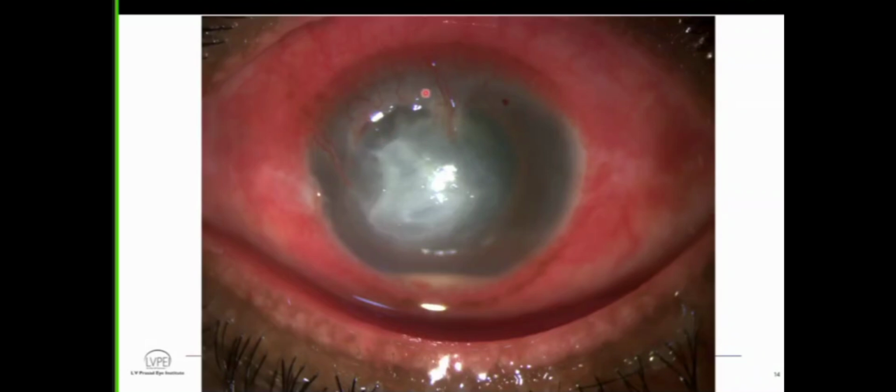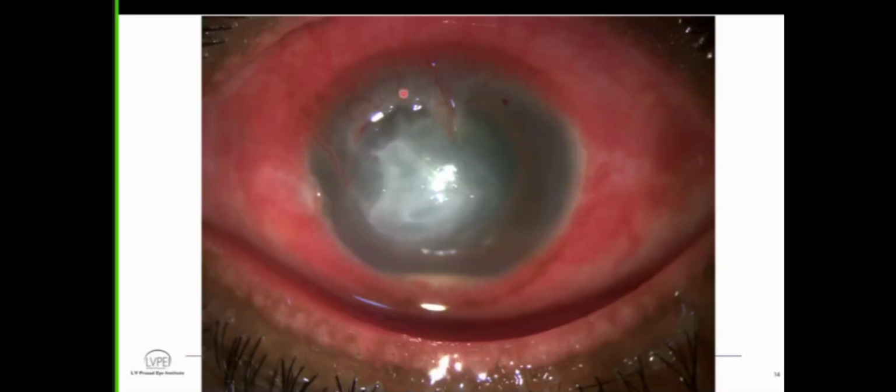So why do you think the cornea is more clear in this area? Here the cornea is clear, or it seems like it is perforating. Correct, correct. So it is thinning out. Yes, it is thinning. Because of the thinning, it appears to be clearer.